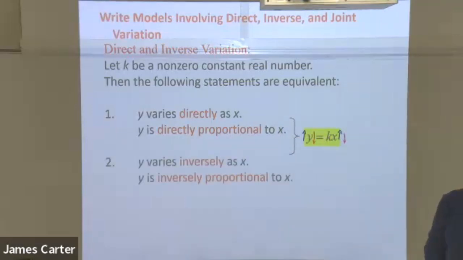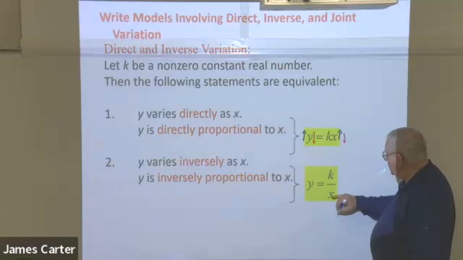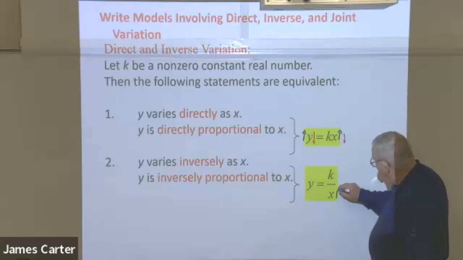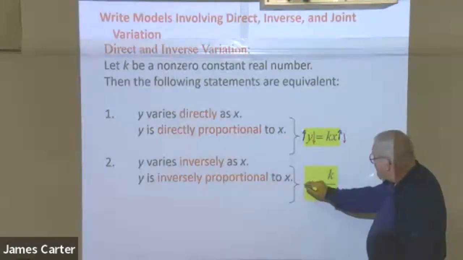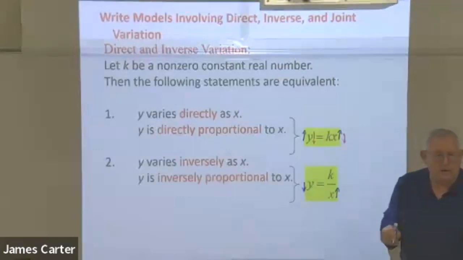Now let's talk about inverse variation, general form. Here are the two ways you could say that, and here is the general formula for that. In this case, if X were to be replaced with a bigger X, Y would go down.